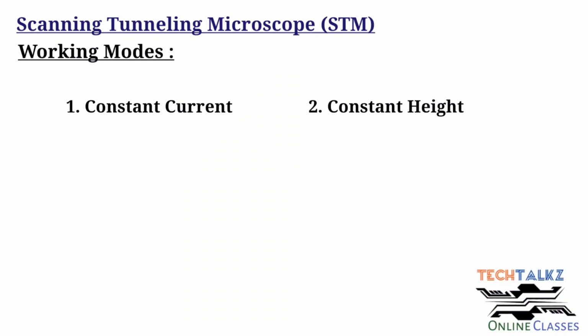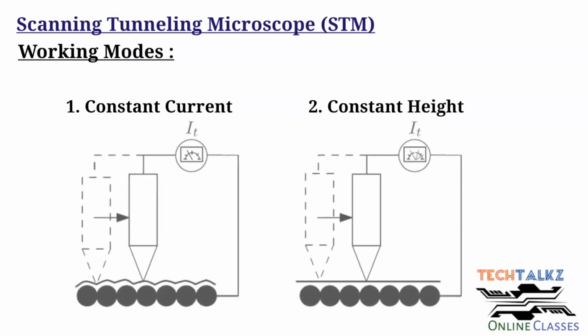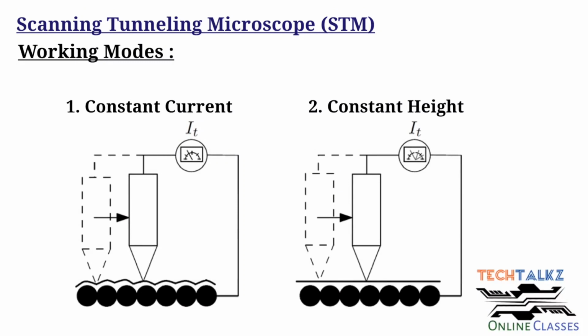Now we can see the working modes of STM. There are two modes, constant current mode and constant height mode. In the constant current mode, we keep the tunneling current constant throughout the scanning. When we place the tip very close to the sample, there will be a particular tunneling current, and we keep this current constant.